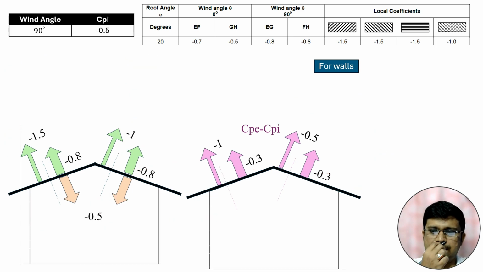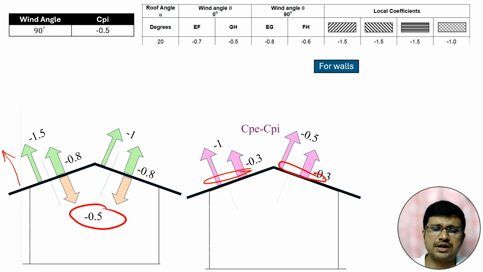Now when the wind angle is 90 degrees but CPI is minus 0.5, the internal factor will actually change. This resultant of CP minus CPI will change. But for the overhanging portion, the logic will be the same. Outward it will be minus 1.5, same as the adjoining part, and here it will be minus 0.8, same as the adjoining part.